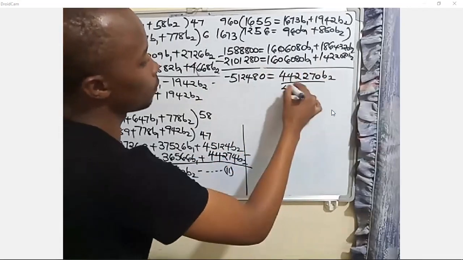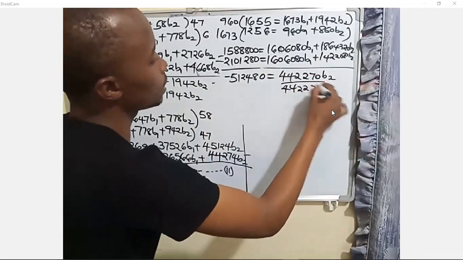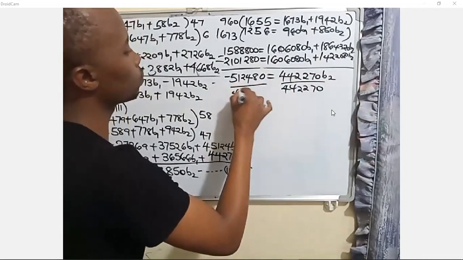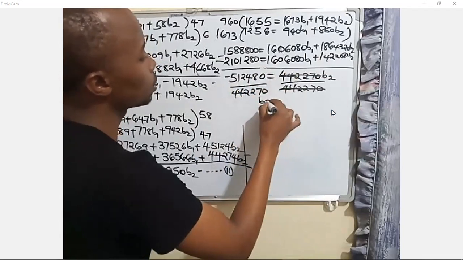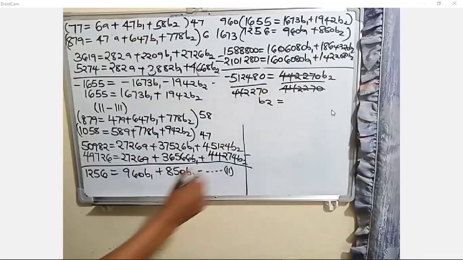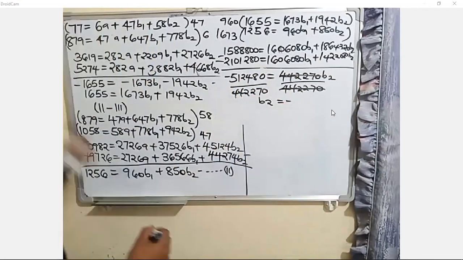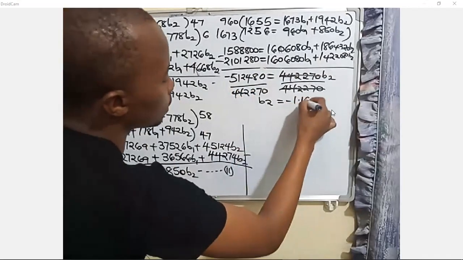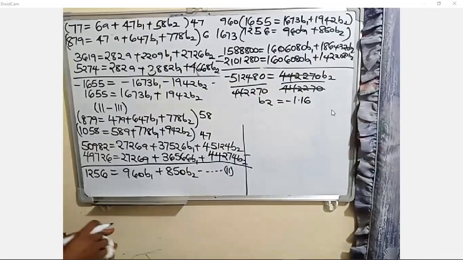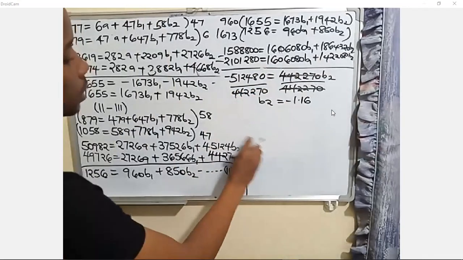You divide both sides by 442 270. You divide here by 442 270. So B2 is how much? Negative 1.159. 1.16. Let us use that. 1.16. Then we start substituting.